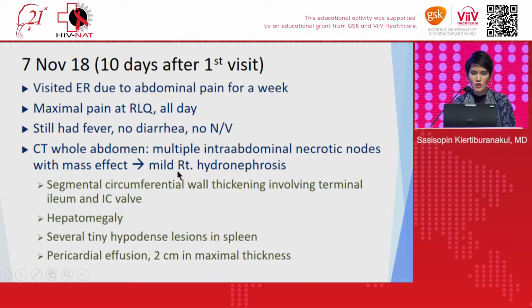We did a whole abdominal CT scan, and we saw multiple lymph nodes with matting in the abdomen, causing mild right hydronephrosis, and also wall thickening of the ileum and ICV, hepatomegaly, several tiny hypodensities in the spleen, and also pericardial effusion 2 centimeters thick.